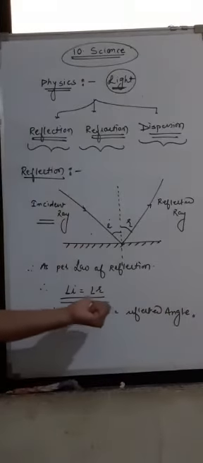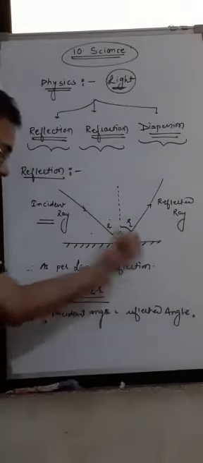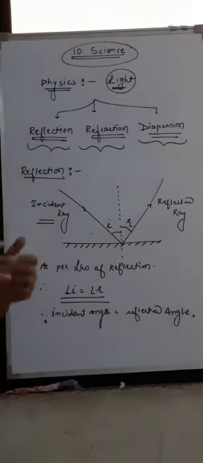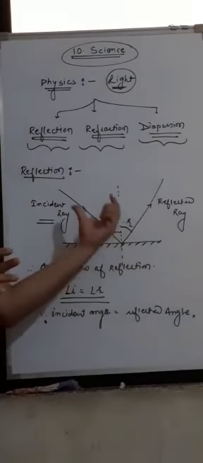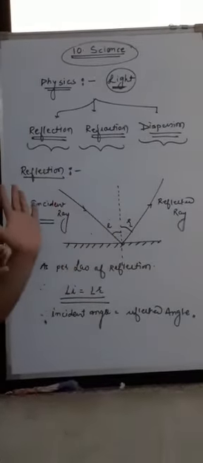This is called the law of reflection. One more thing: once we talk about reflection, we have to keep in mind that the incident ray and reflected ray are always in the same medium.